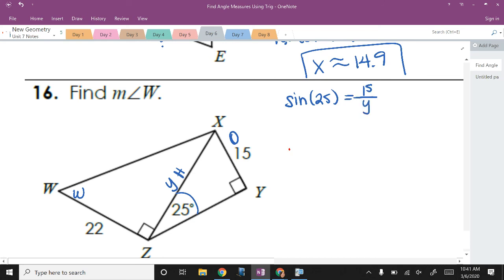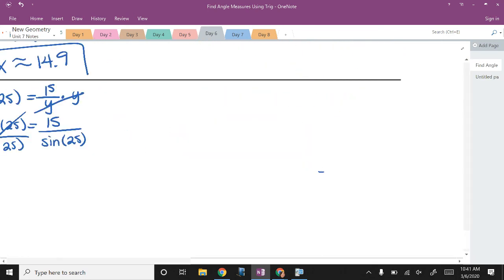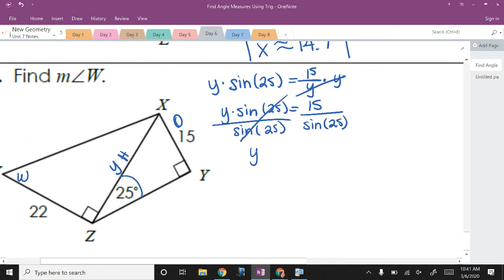So how do I get y by itself? Multiply by y on both sides. So y times sine of 25 degrees equals 15. Now how do I get y by itself? Divide both sides by sine of 25 degrees. So in my calculator, I don't know what's up with my touchscreen today.